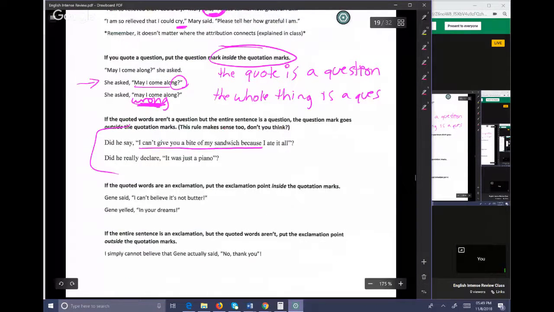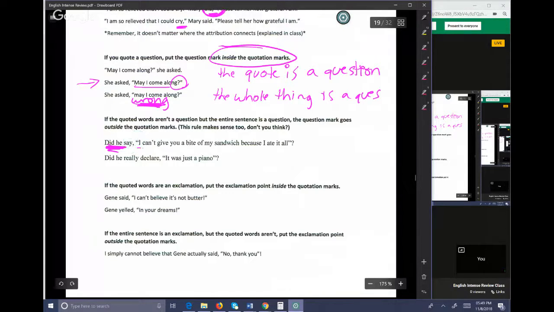In the case like you see here, the quote is actually a statement, in which case we wouldn't want to put the question mark with the statement. We would want it to be outside the quote because it's actually going with this. So in this case, did he say, "I can't give you a bite of my sandwich because I ate it all"? Again, comma there, between the attribution or the question in this case and the quote.